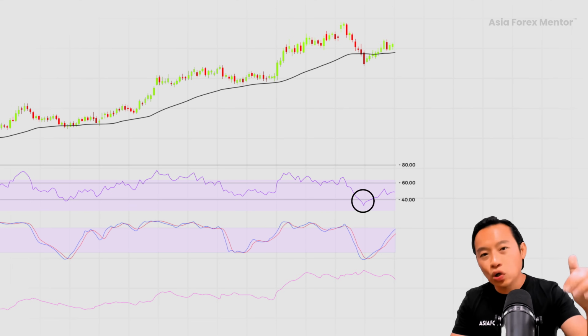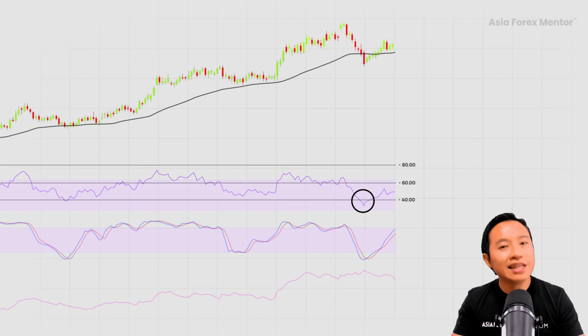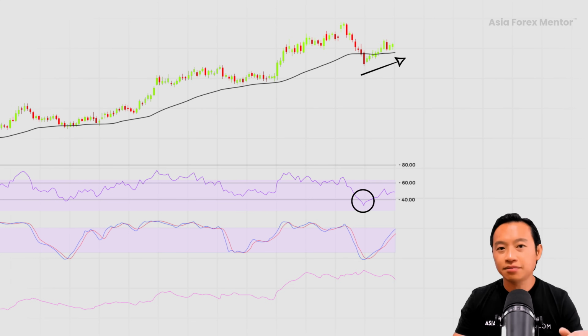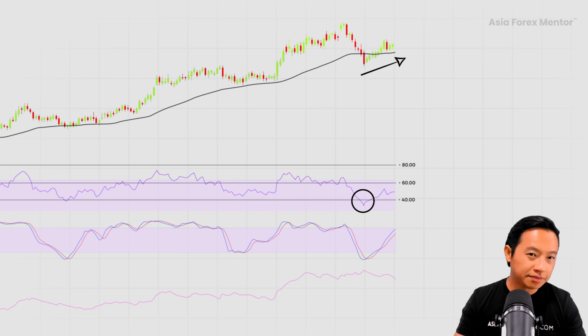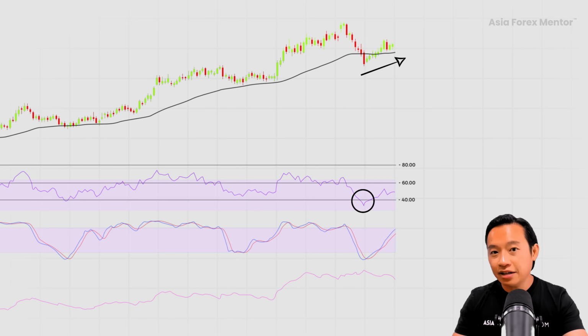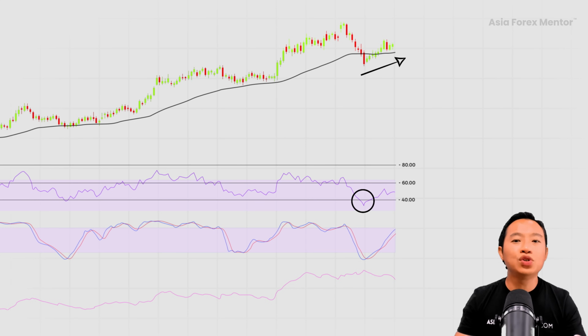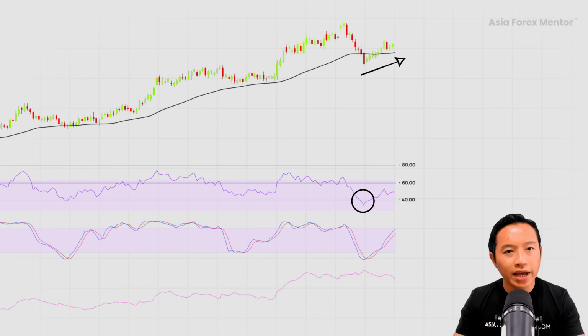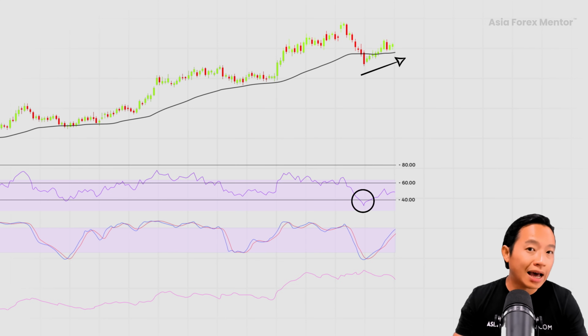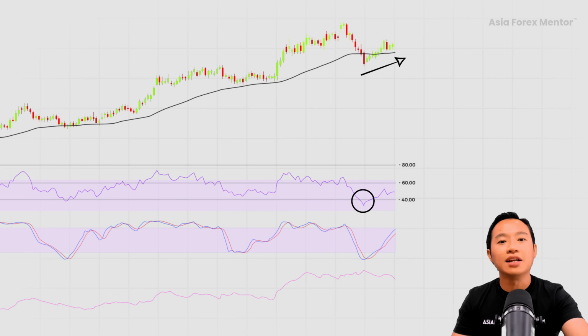So when the RSI crosses above the 30, it indicates bullish momentum entering the market, suggesting a potential opportunity to buy. Using indicators like the RSI as an entry trigger provides you an objective way to enter a trade. This approach relies on specific criteria such as the RSI crossing above a certain level.